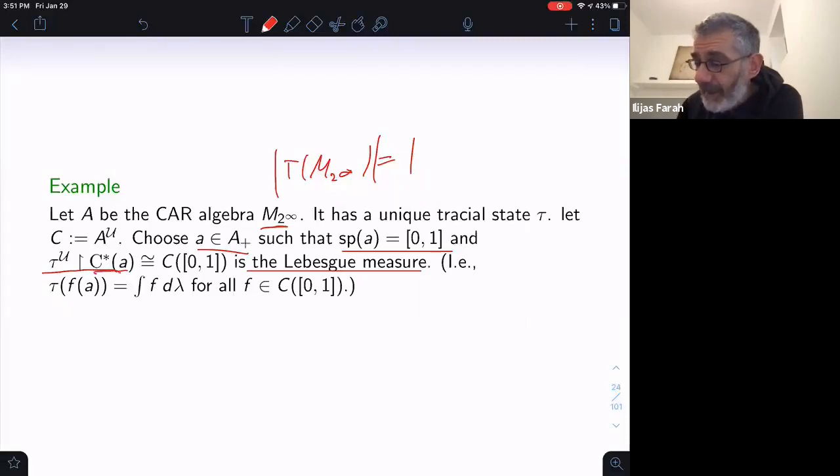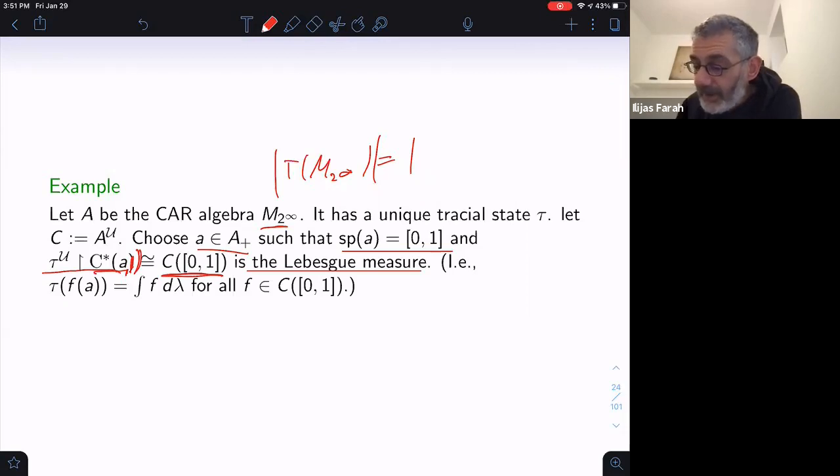Well, C*(a) is, by continuous functional calculus, just continuous functions on [0,1]. So this is the algebra generated by a and the unit, I guess I should say, C*(a,1), right? So you want to throw in a unit. And what I mean by it being Lebesgue measure?